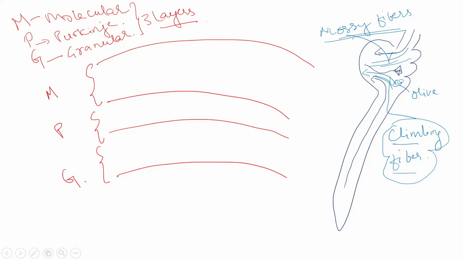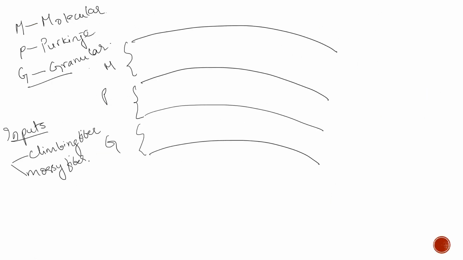With that in mind, let us start with the tracing. All other fibers, whether coming from the cerebral cortex, the vestibular apparatus, the brainstem, or the spinal cord, will be called mossy fibers.